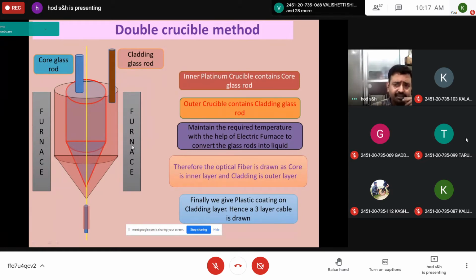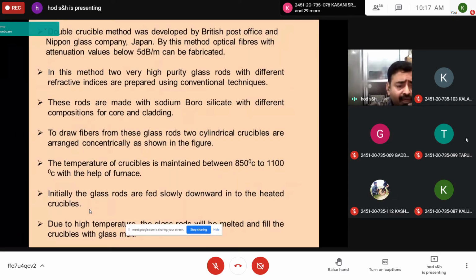So the melted glass will be occupying the crucible, and finally they reach up to this. By using pressure, they are forced to come through these nozzles. Initially the core glass material will be coming through this, then the molten cladding is allowed to pass through this. So the inner region will be core, and it is surrounded by cladding material.